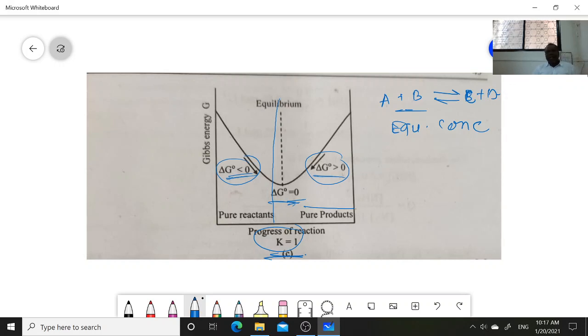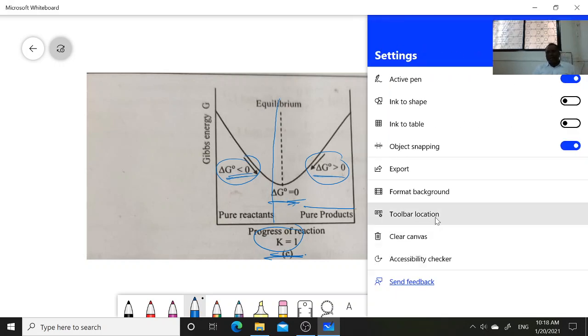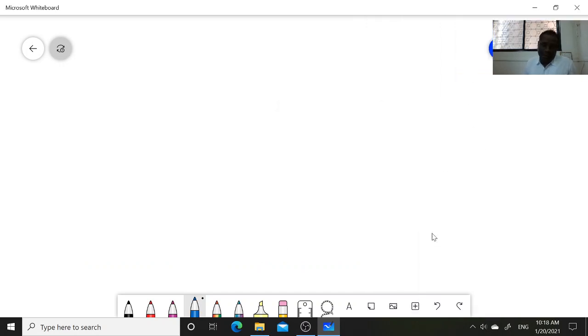Remember that is the relation between delta G and the extent of the reaction, that is, the equilibrium constant and the extent of the reaction. Next thing is the distinction between delta G and delta G0.